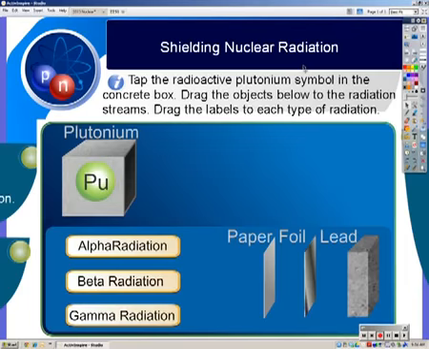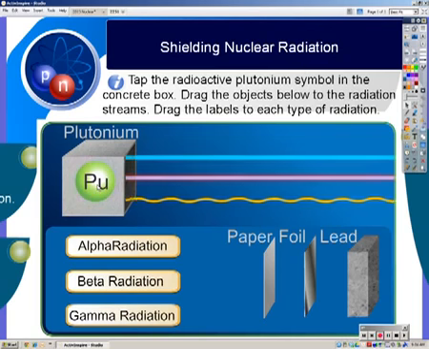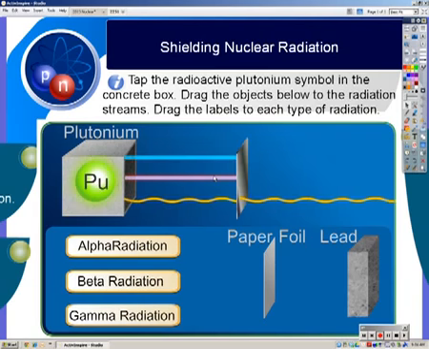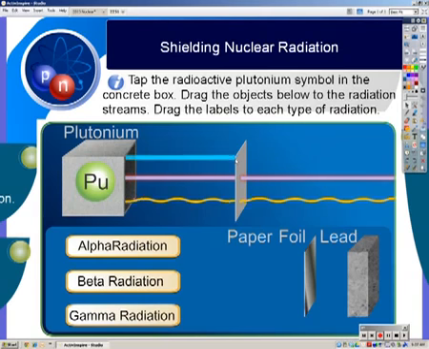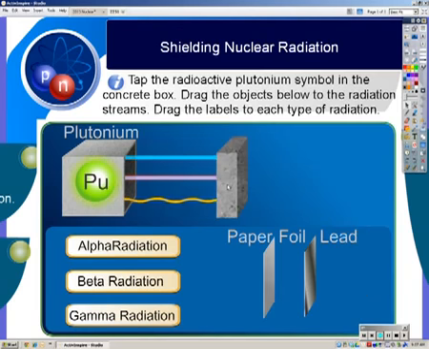Here's a simulation of plutonium giving off radiation. If we drag foil up, notice that the blue and the middle one are going to be stopped by the foil. Paper stops only the blue one, but the middle and bottom one go through, while lead is going to stop all three of them.